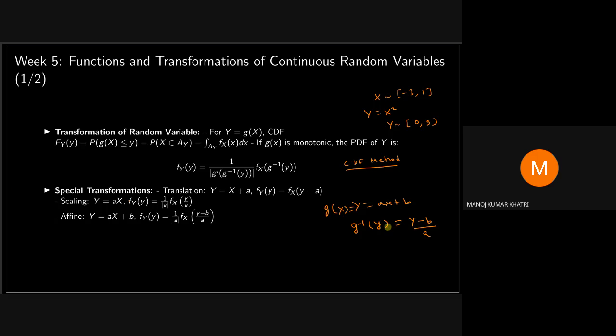But sir, invert in what sense? Can you clarify, sir? Because it will be 1 upon ax plus b if we inverse this function. If y is equal to ax plus b, and I inverse y, that implies 1 divided by ax plus b, isn't it, sir? No, this is not the reciprocal.